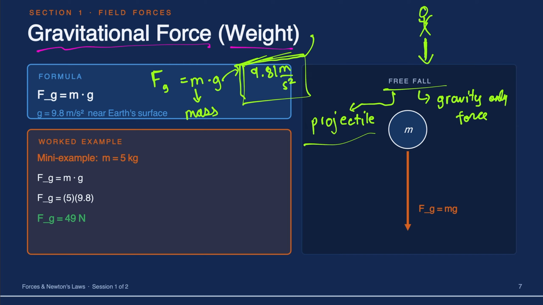So for example, if you had a mass of 5 kgs, then your force due to gravity would be 5 kgs times 9.81 meters per second squared, which is acceleration due to gravity, and you should get around 49 newtons. I used 9.8 here, which gave me exactly 49, but if you use 9.81, you might get a slightly different answer.